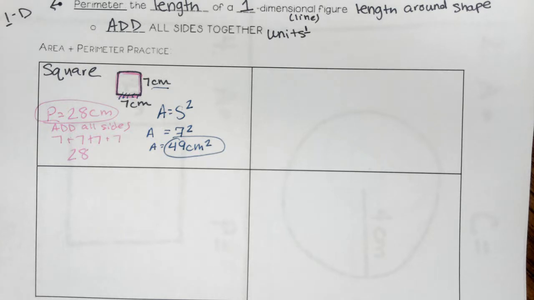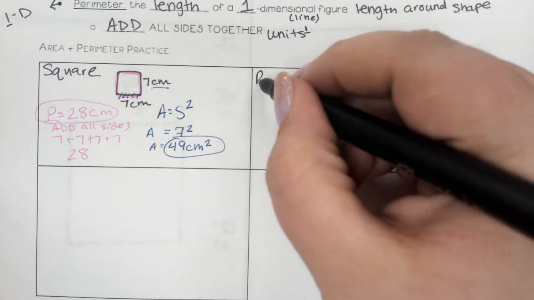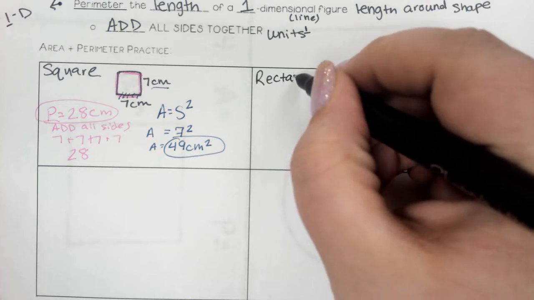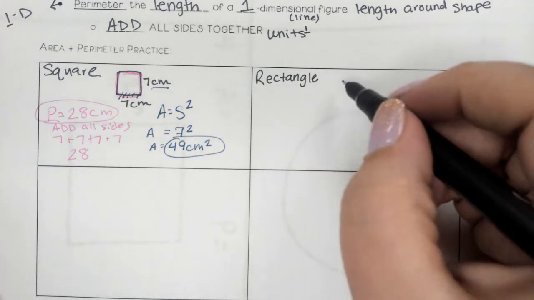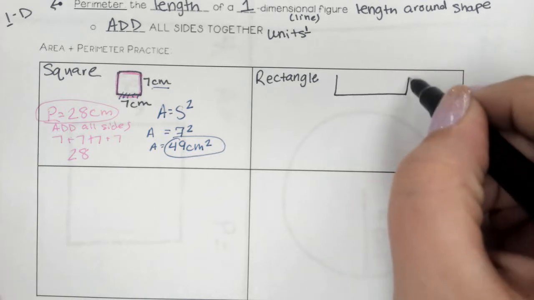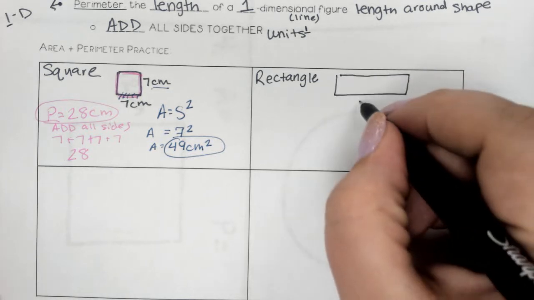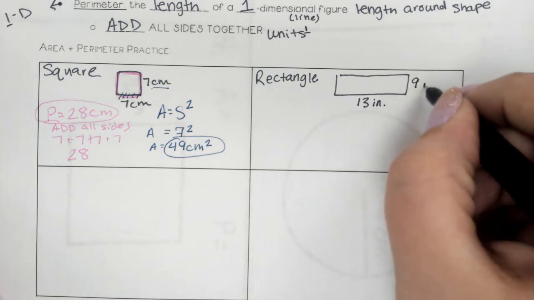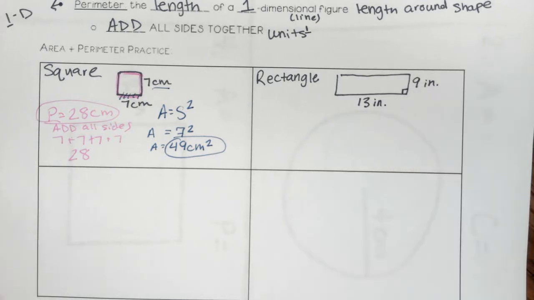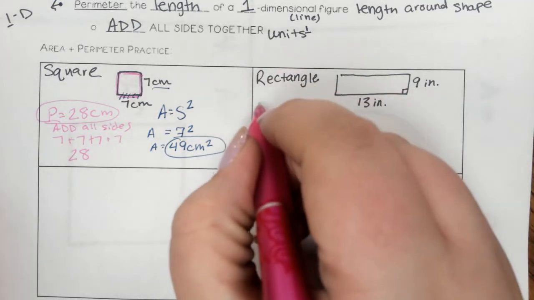Next, we will look at a rectangle. I'll draw a rectangle here. I'll say this is 13 inches by 9 inches. Let's first find the perimeter of this rectangle.